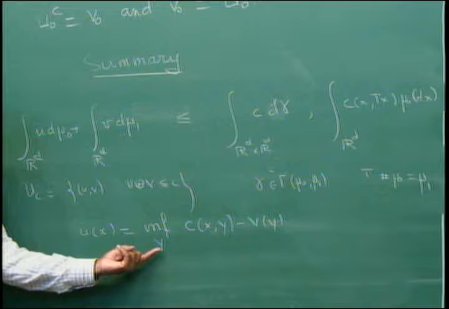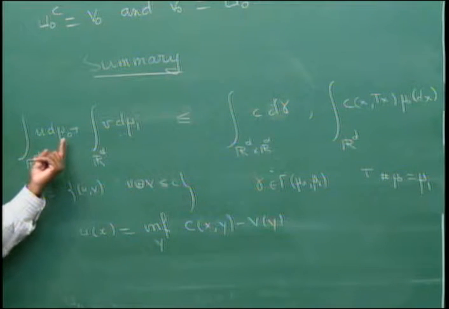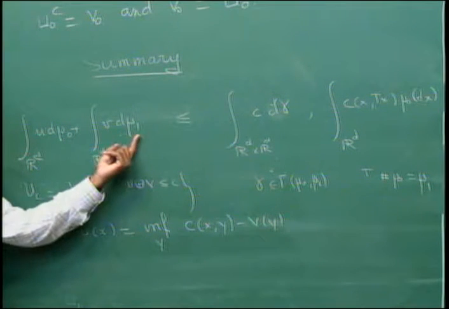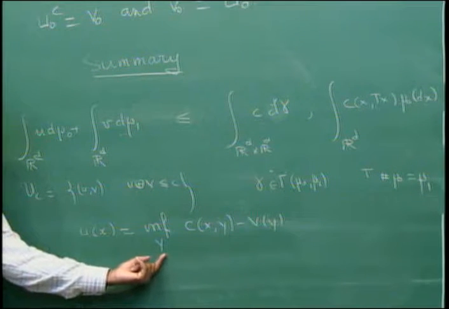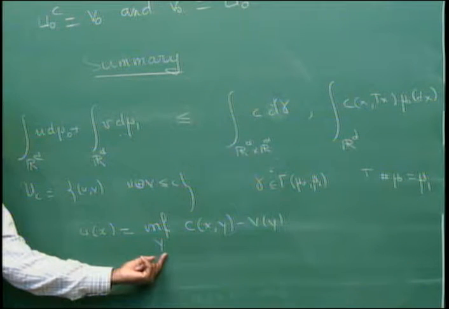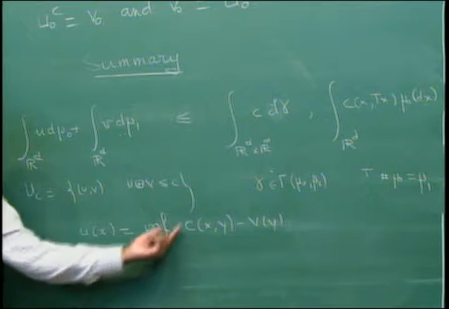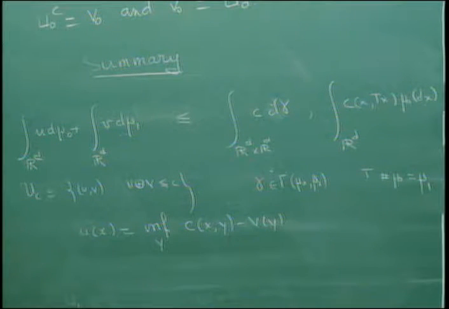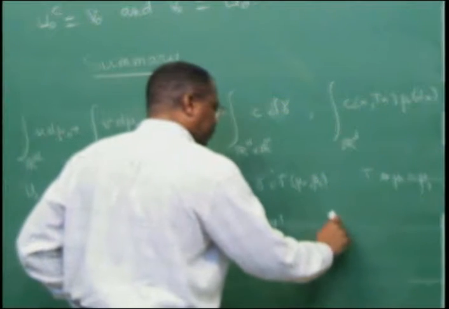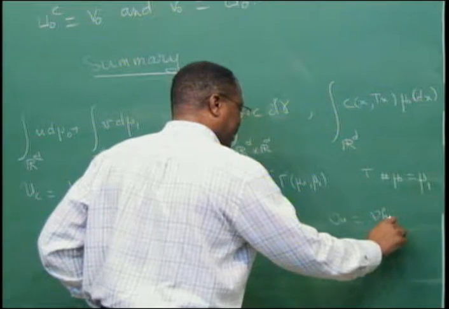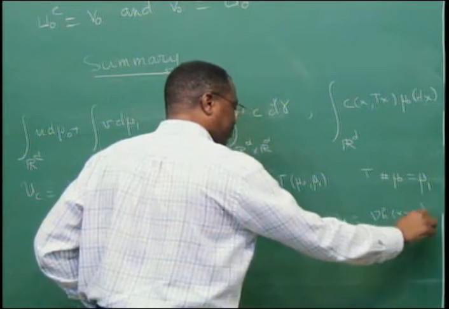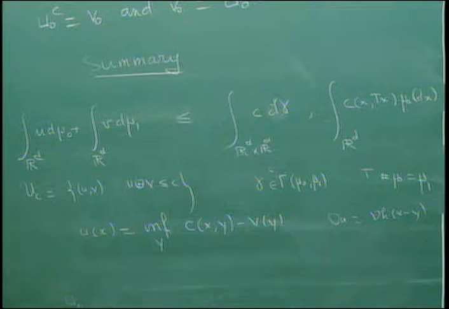So I needed to impose that the support of mu naught is compact, the support of mu 1 is compact, and so I can write the infimum over the support of mu 1, and this gives me immediately that my functional is Lipschitz. Because the gradient of U is the gradient of H at x minus y. So if I take x in a bounded set and y in a bounded set, it gives me immediately that the gradient of U is bounded.